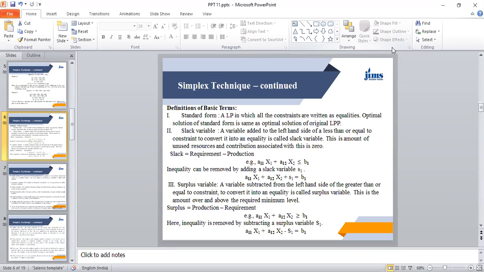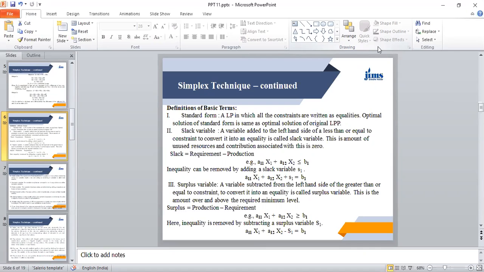Then comes slack variable. Say a11x1 + a12x2 is less than or equal to b1. It means a11x1 + a12x2 is either equal to b1 or it is less than b1. So to convert it into a standard form, what happens?